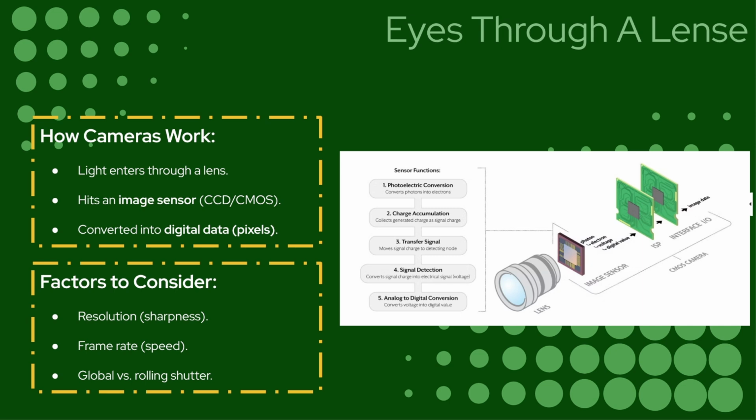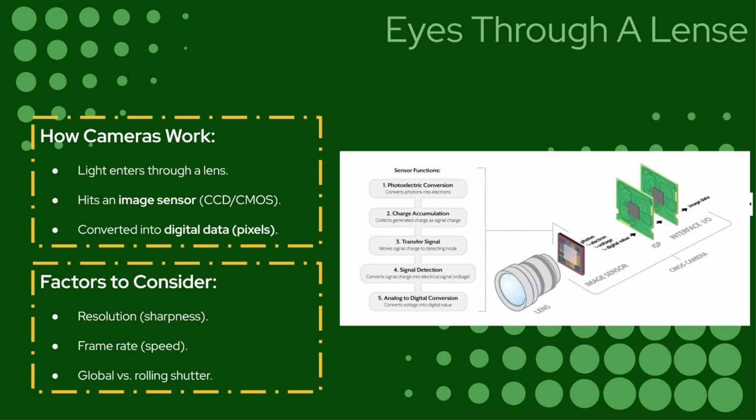It focuses onto an image sensor, so either a CCD or a CMOS. We're going to talk about that in depth a little bit later. And then it converts all of this into electrical signals that represent each single pixel.